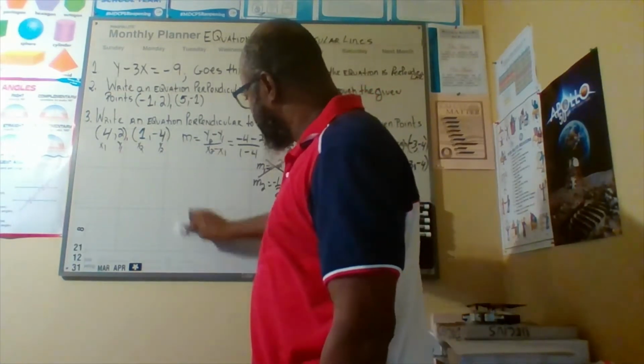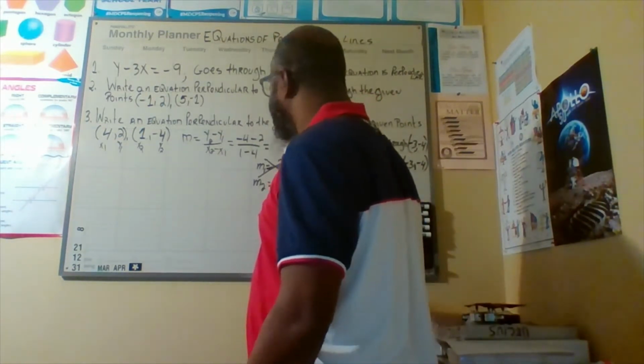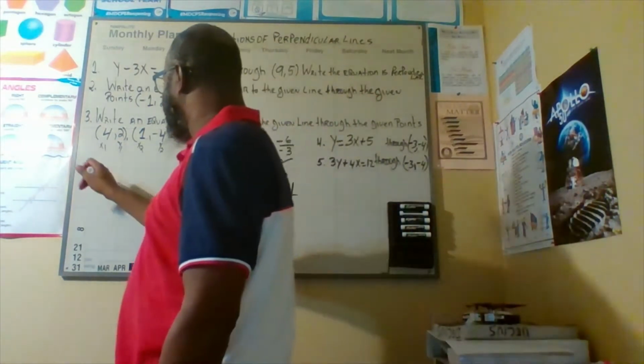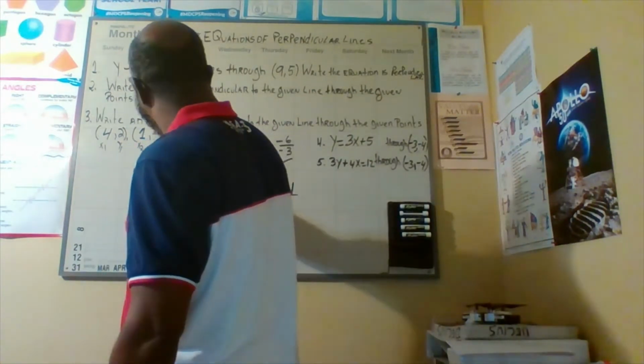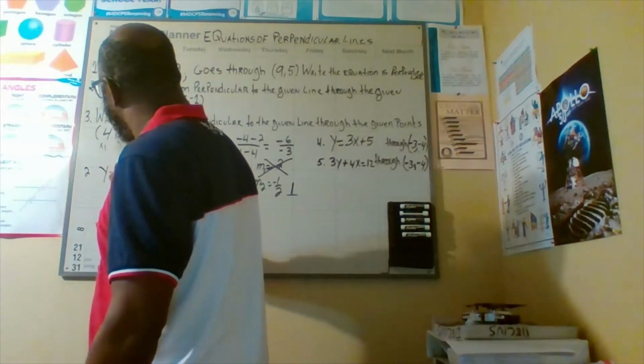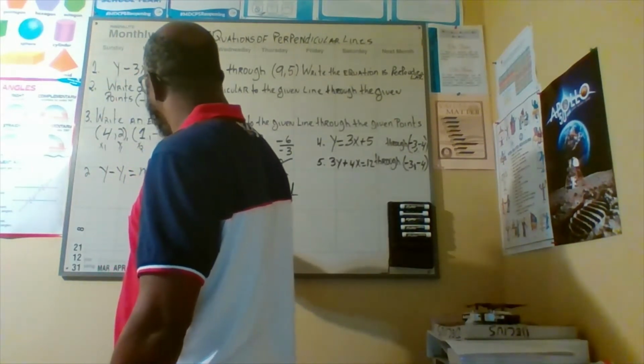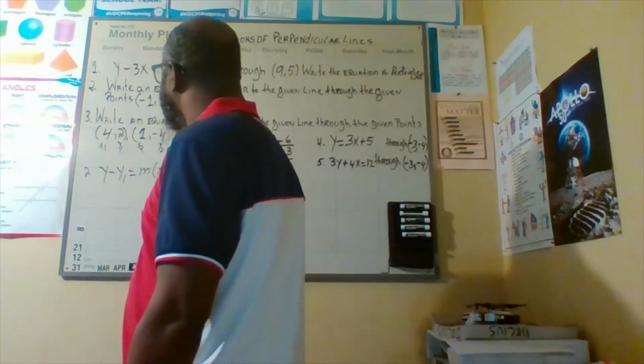Since the problem calls for a slope that is perpendicular, we go into the equation. The first step was to find the slope. The second step, we're going to use point-slope form, y minus y1 equals m times x minus x1.